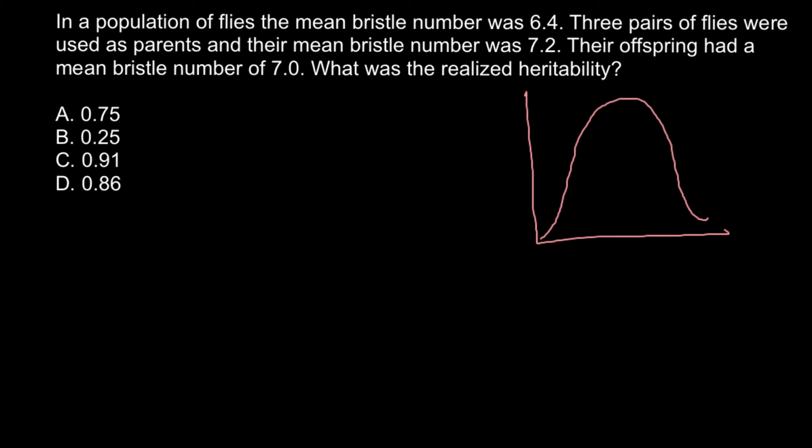So here would be frequency, and as you see, most of the people would be of average size. And here would be our mean of the population, and we call this the mean of the original population.